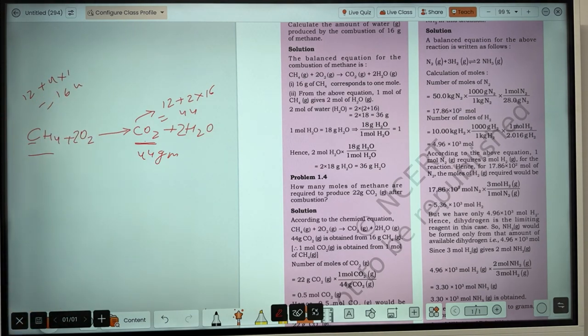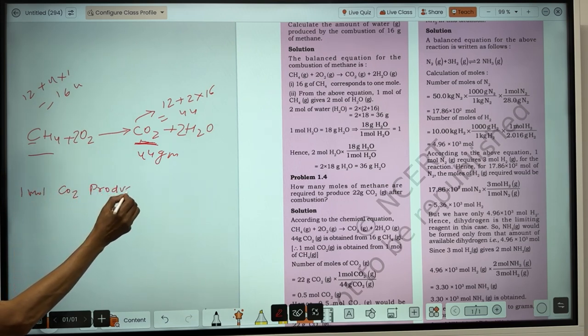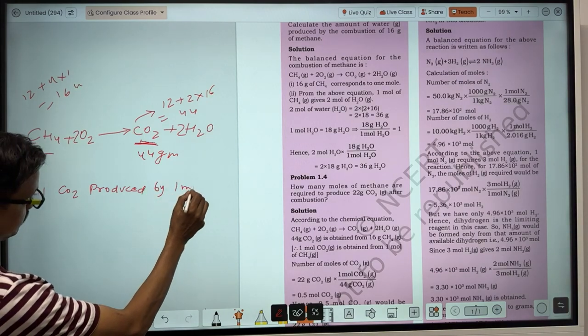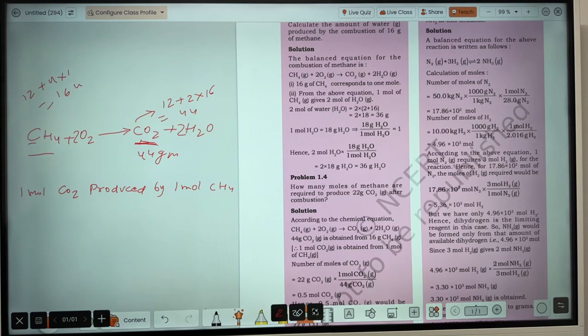So 44 gram of CO2, because 1 mole CO2 is produced by the combustion of 1 mole methane. 1 mole methane means its molecular weight, 1 mole CO2 means its molecular weight.